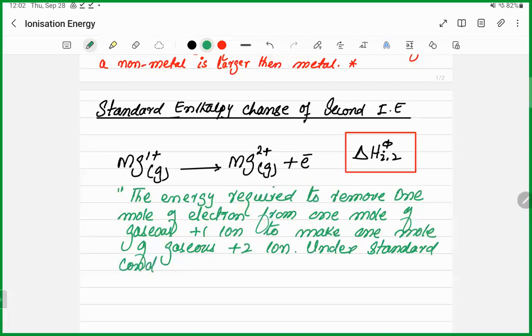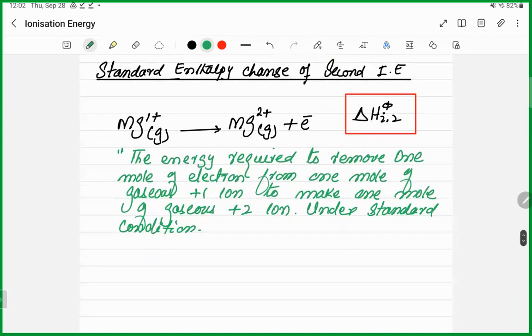Okay, beta. So the above equation represents the second ionization energy of मैग्नीशियम.